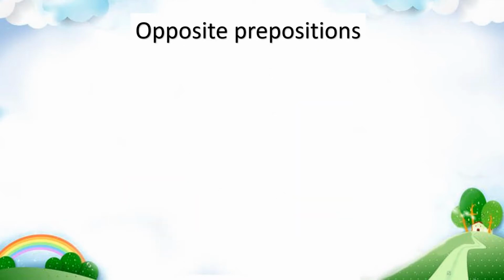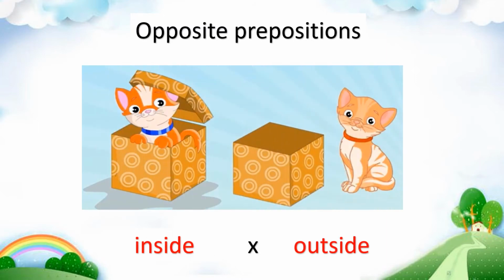Let's see what are opposite prepositions. Prepositions mean the position words. What do you see in this picture? There are two boxes and there are two cats. One cat is inside the box and the other one is outside the box.